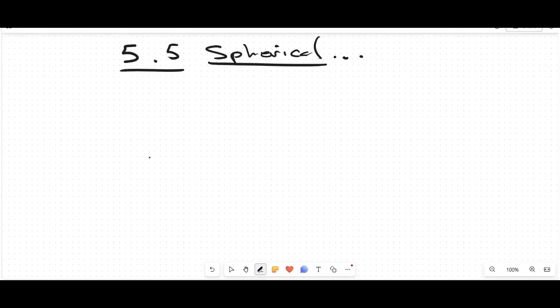This is the hardest one in terms of visualizing. It's the hardest one in terms of what you have to remember to write. So let's go through it nice and slow. And I'll draw one parallel example. We'll do cylindrical just so you can reflect on the difference.